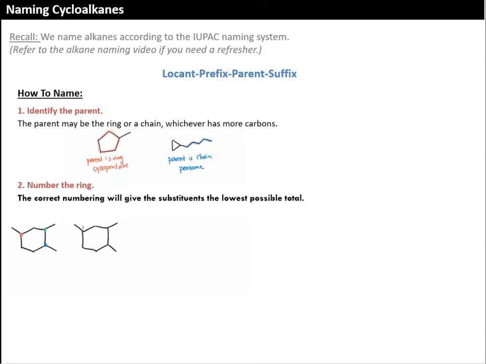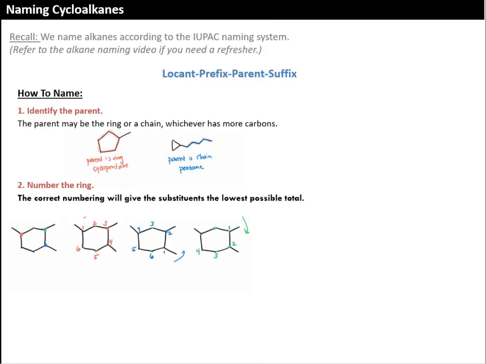We always move toward the closest substituent. I can start numbering at the blue carbon and then again move around the ring toward the nearest substituent. Or I can start at the green carbon and move around the ring towards the closest substituent.